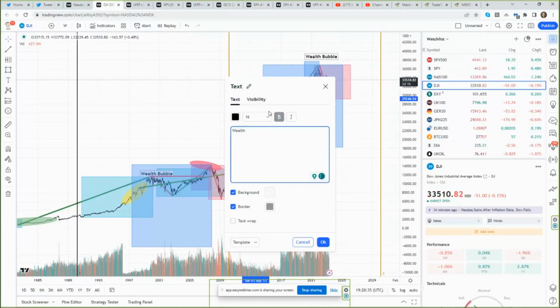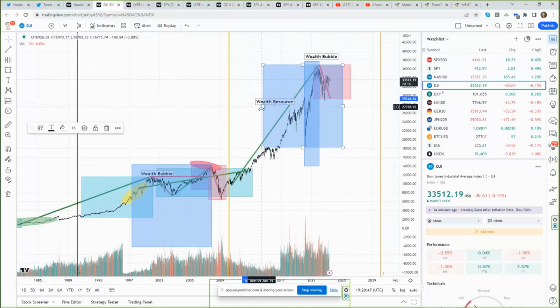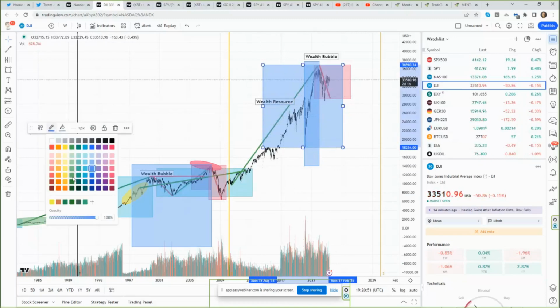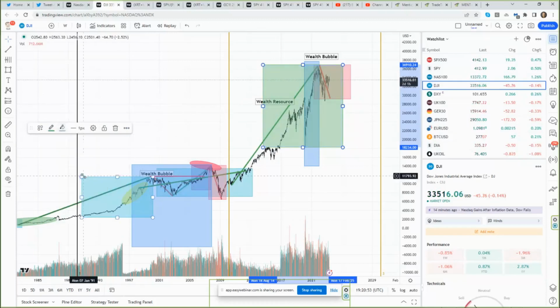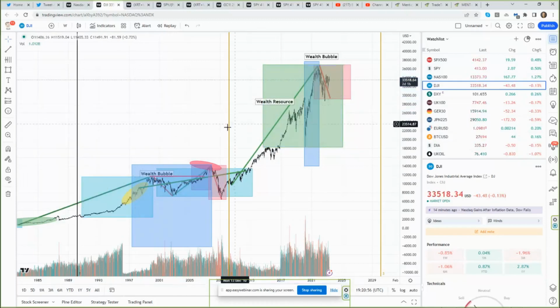Let's call it a resource. And what we have right here is that this wealth resource, and I'm going to make this green, is now going to play out as a resource for the unwinding of assets going forward.